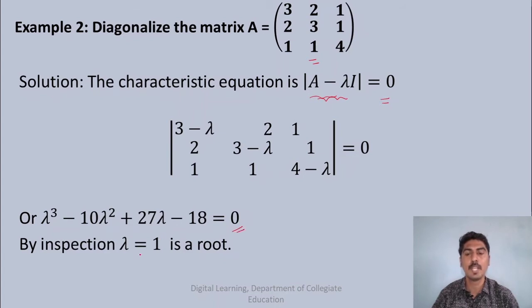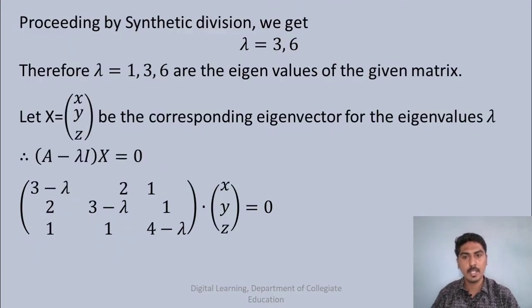0. We can easily see that lambda equal to 1 is a root of this equation. Now by synthetic division, we can find out the other two roots. So lambda equal to 1, 3 and 6 are the eigenvalues of the given matrix.